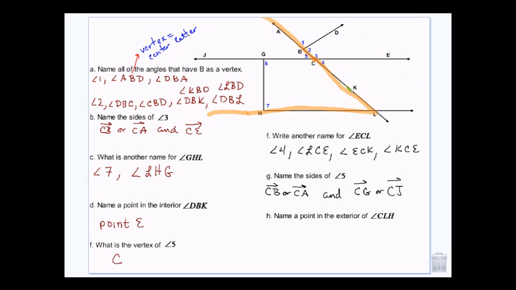Anything that's actually on the lines doesn't count as interior or exterior. They're considered to be on the angle. So if I'm talking about the exterior, I can have D or E. And then if I had asked you about interior, it would be J or G.